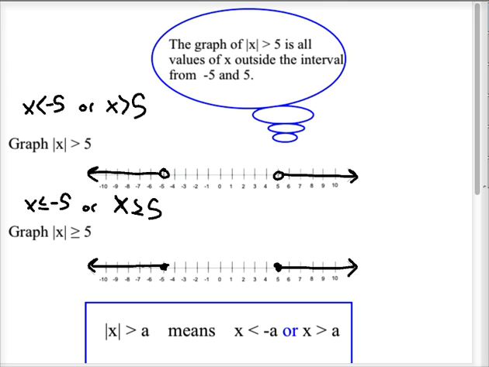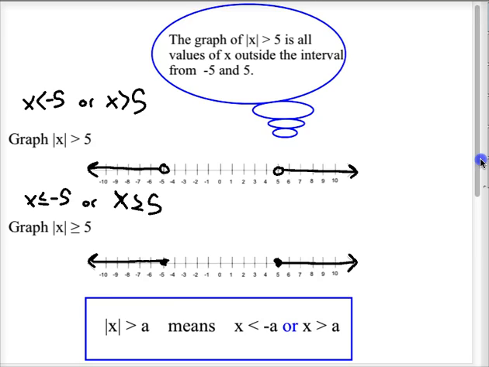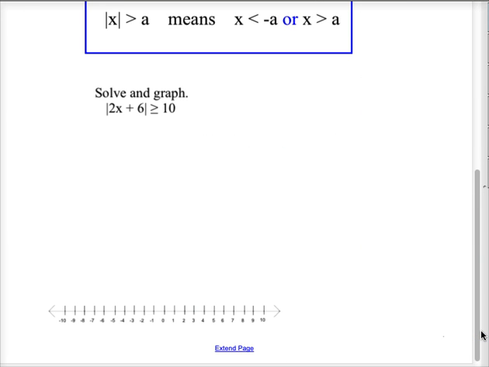All right, so let's take a look at what this looks like. Solve and graph this one. The thing that I pay attention to first is that it is a greater than. So greater than means I am pushing outward.